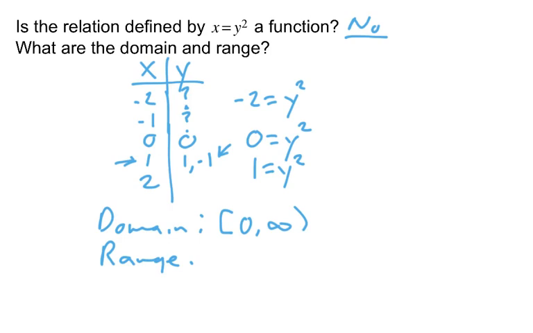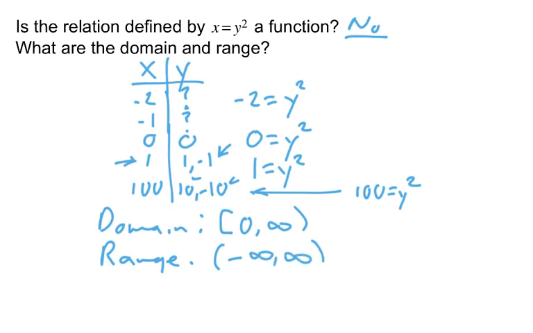What if I pick a nice number like, let's go all the way to 100. There are 2 values that would make that true, 10 or -10. And notice that the range includes large positive numbers, small negative numbers, and basically everything in between. I believe that range is -infinity to infinity.